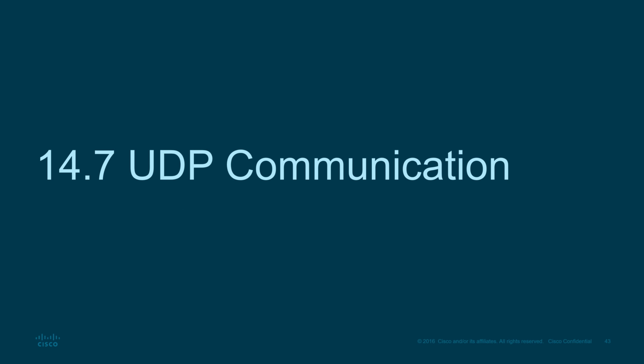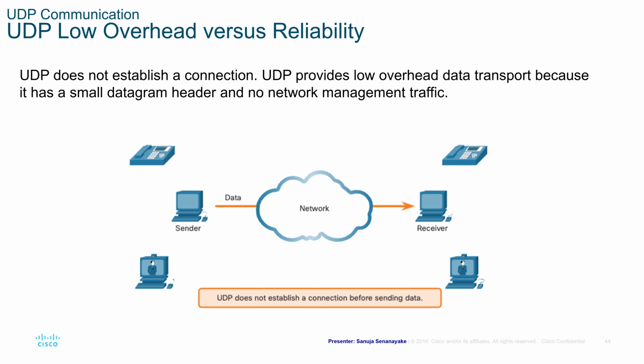UDP communication. UDP low overhead versus reliability. So remember, UDP does not establish a connection. UDP provides low overhead data transport because it has a small datagram header and no network management traffic.